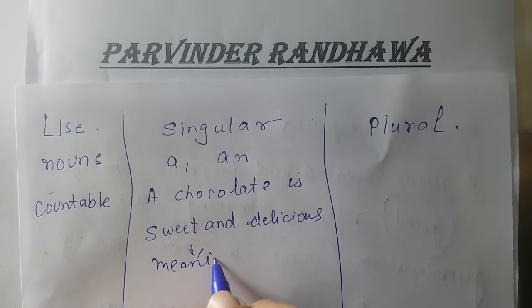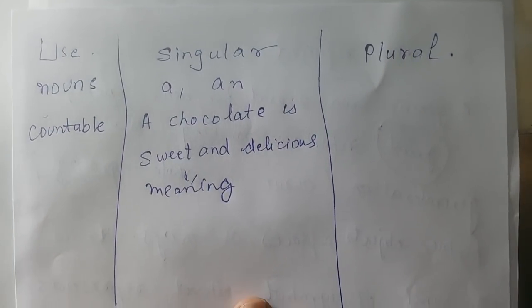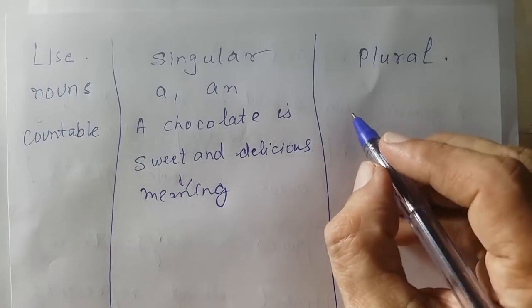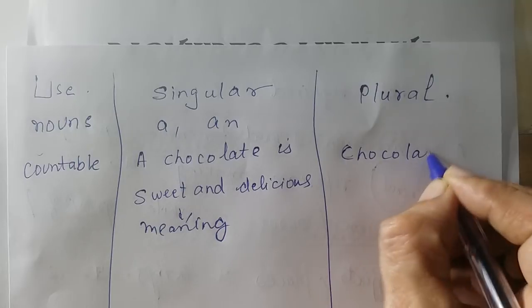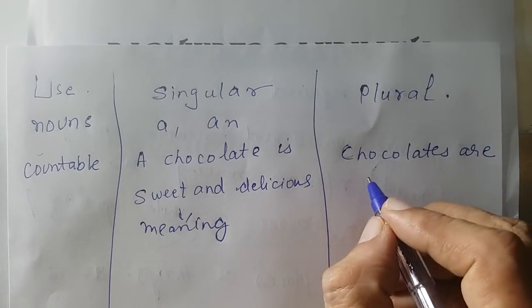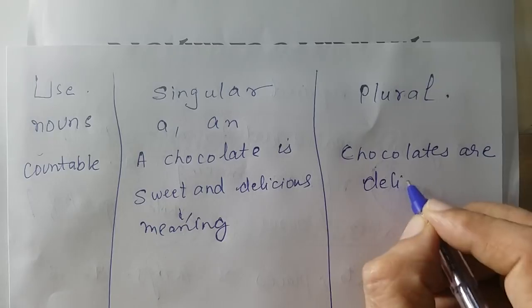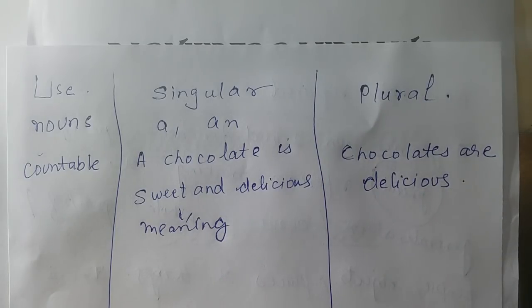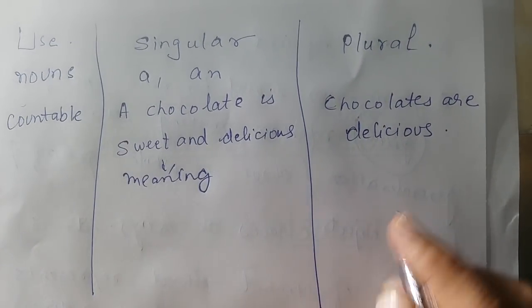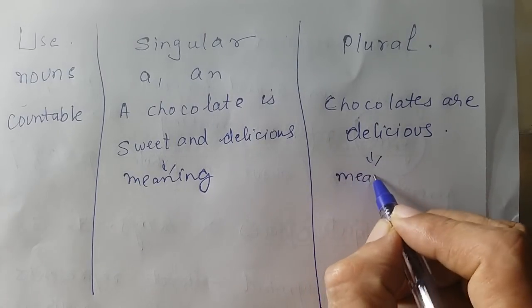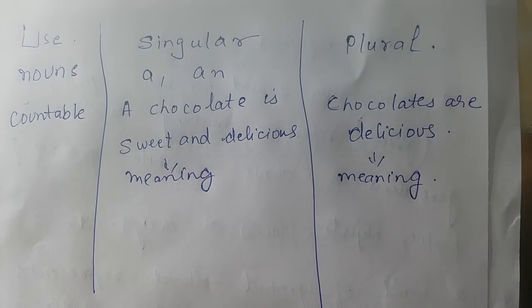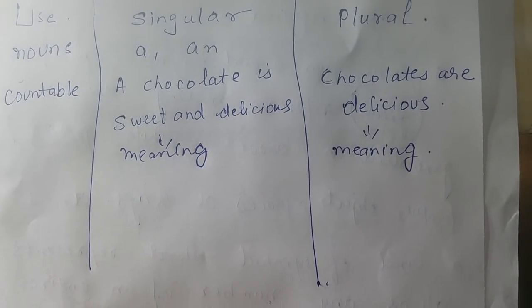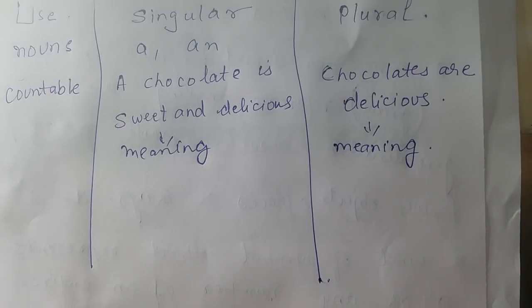Let's go for the meaning. What's the role of a in IELTS? Chocolates are delicious. Right, let's go to the meaning of both. There are two examples in front of you. Now find the meaning.